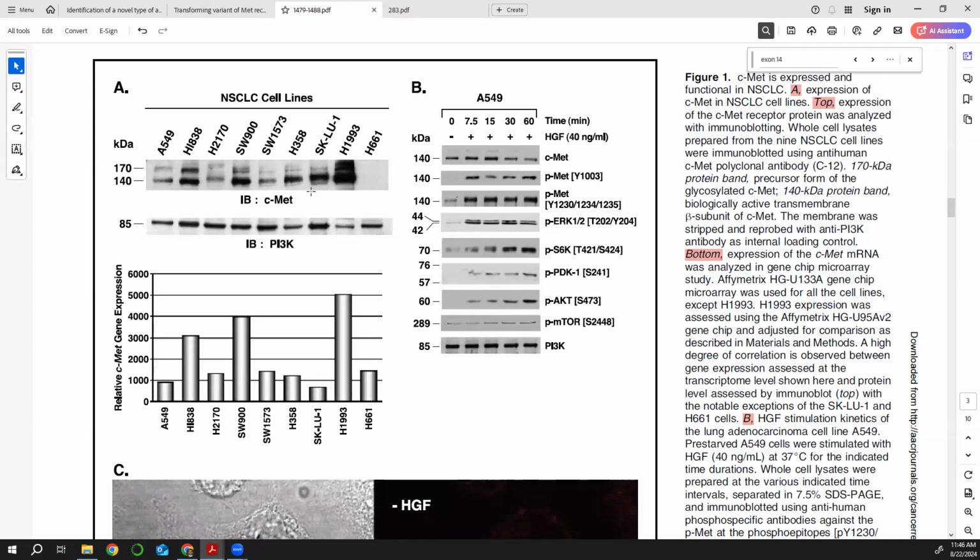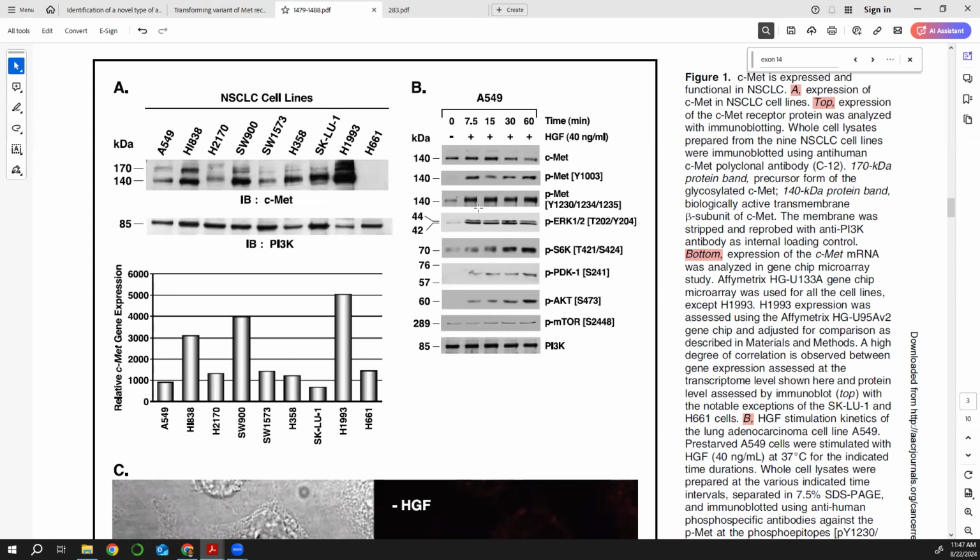So that might explain the relative higher levels of protein in this lane compared to this adjacent lane, for example. Okay, so what this whole figure shows in brief is that MET is expressed across various non-small cell lung cancer cell lines, and the level of the RNA seems to correlate overall fairly well with the level of the protein.